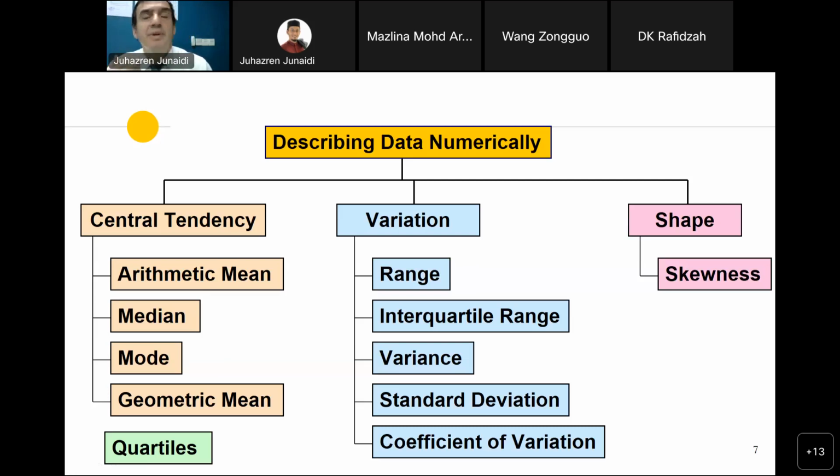To understand the success level, the achievement level of the student, to make an interpretation of the success level of the student according to the remaining scores. We can use arithmetic mean, but sometimes arithmetic mean by itself might not be enough.